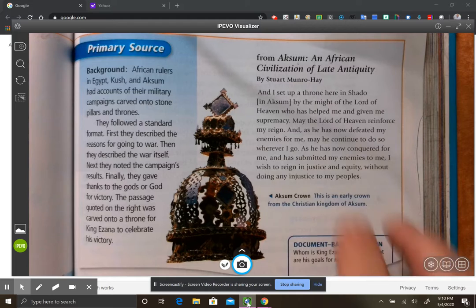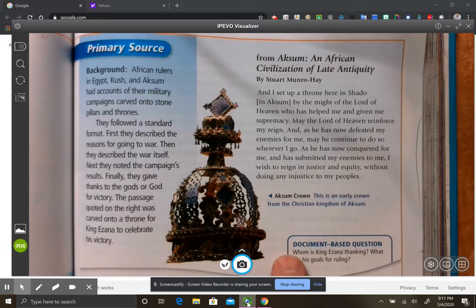Okay, so our title is From Aksum, an African Civilization of Late Antiquity. Now, before I read it, what are you going to do? You're going to do this right here. On a Google document that I will probably ask you to answer, you're going to answer two questions for me. The first one is, whom is King Azana thanking?